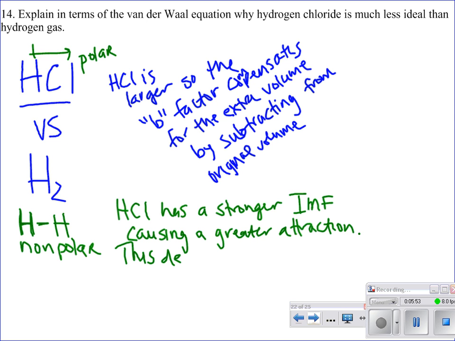Oh, don't do this to me. This decreases, and I'm writing and nothing's showing up. Awesome. This decreases the pressure of the gas in the container.